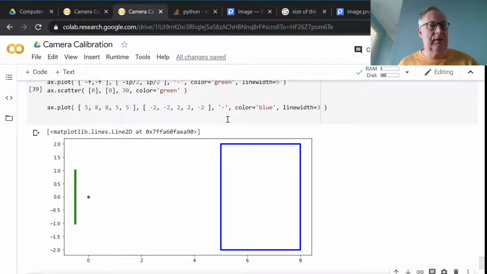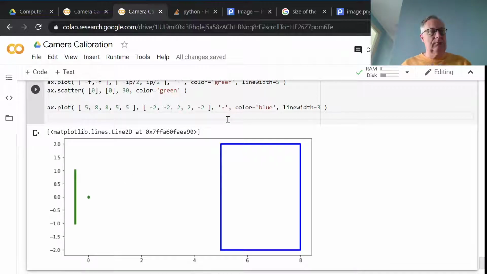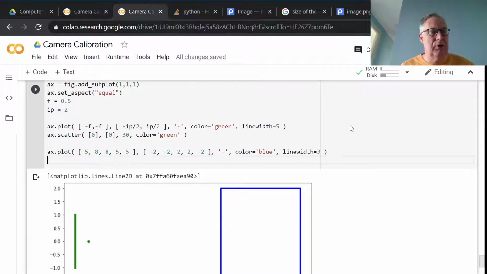I think that's okay. So now we have a simplified camera model with a pinhole camera. The actual lens is here.